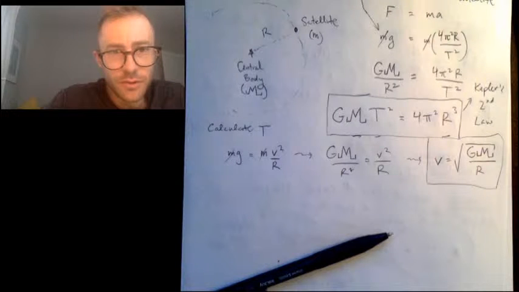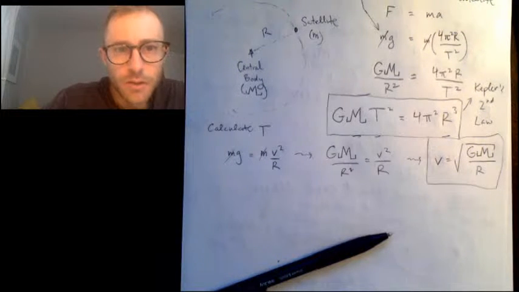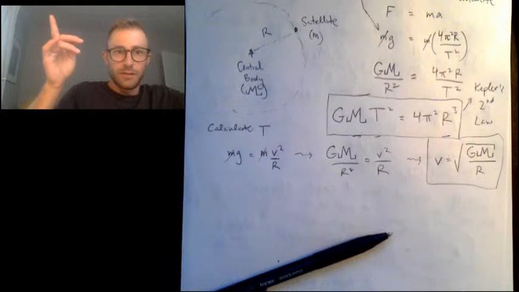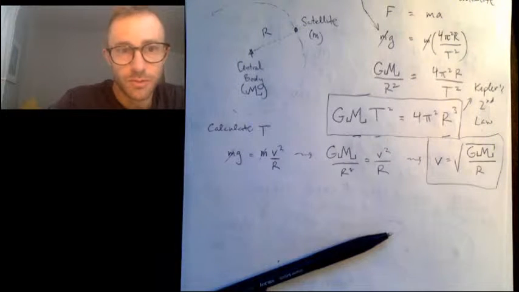Another thing that uses stationary orbits is GPS. GPS can determine where you are by basically locating several satellites that are in geostationary orbits.